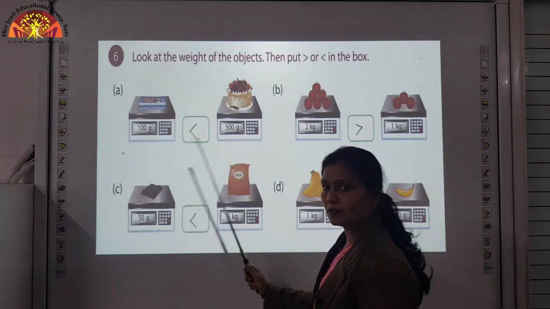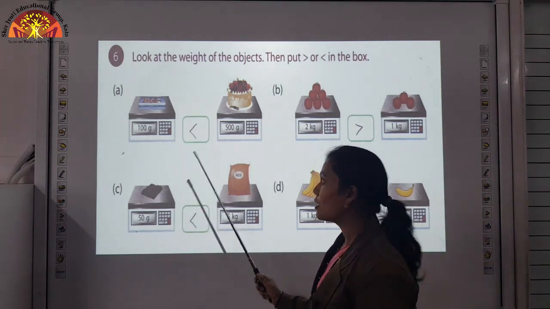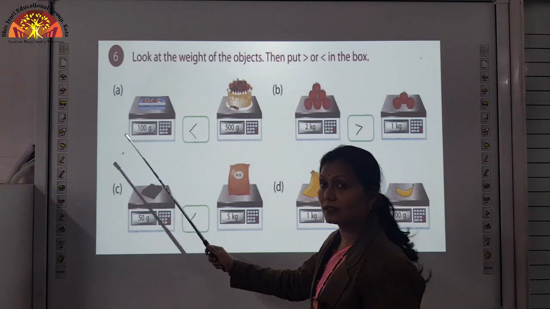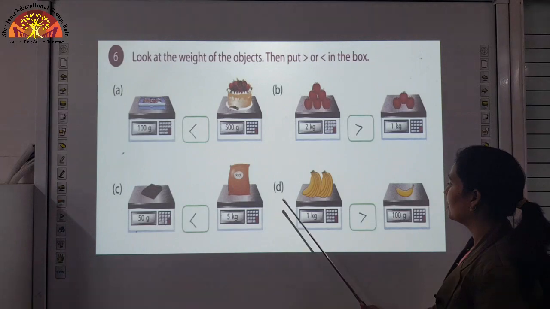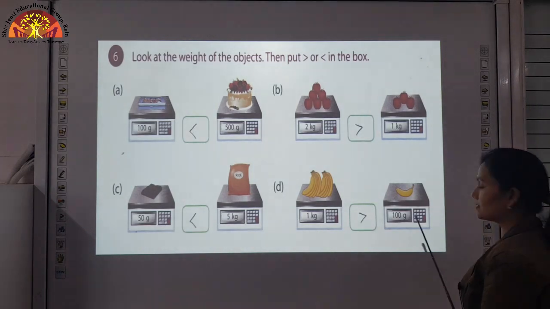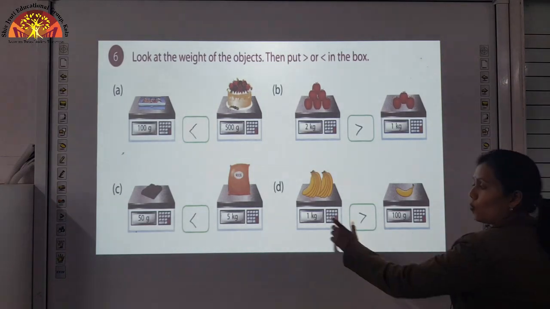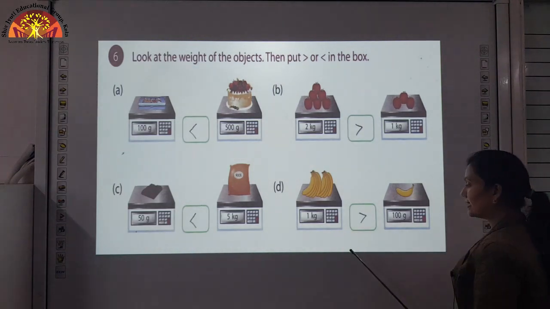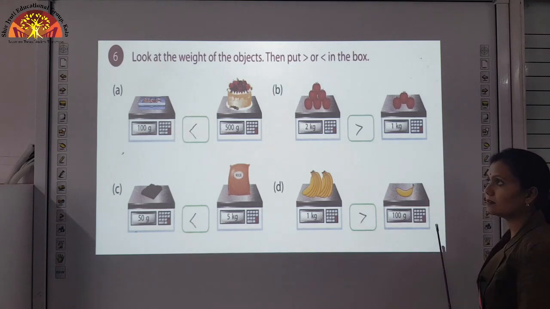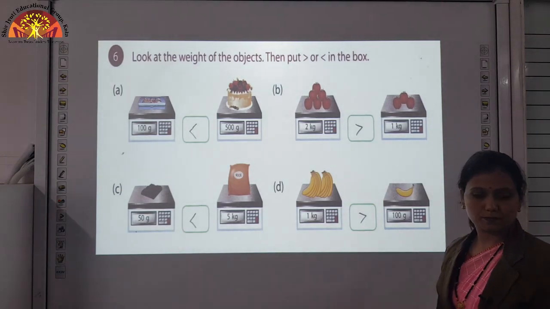Now you can see which one is greater. 500 gram is greater than 100 gram. Next, D. This is 1 kg and this is 100 gram. You know 1 kg is more than 100 gram. So 1 kg is greater than 100 gram, right?